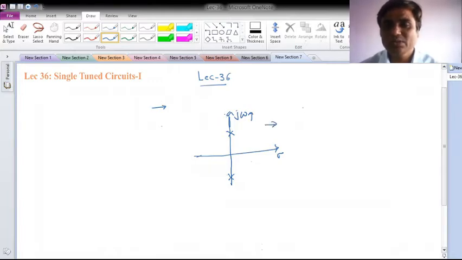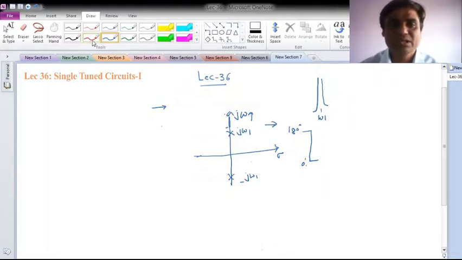The magnitude will be infinite at the frequency, let's say j omega 1, and this is minus j omega 1. So I get the maximum magnitude at omega equal to omega 1, and in the phase there will be a sudden jump of minus 180 degree, from 180 degree to 0 degree at omega equal to omega 1.